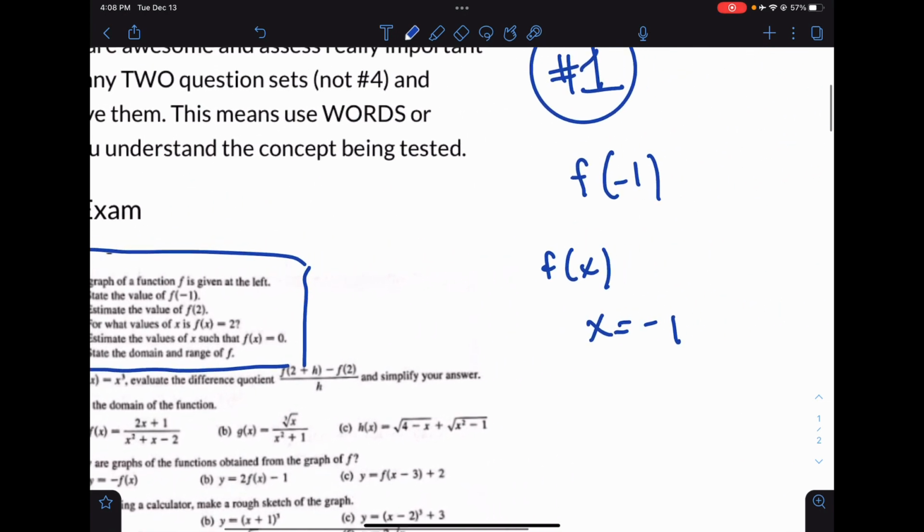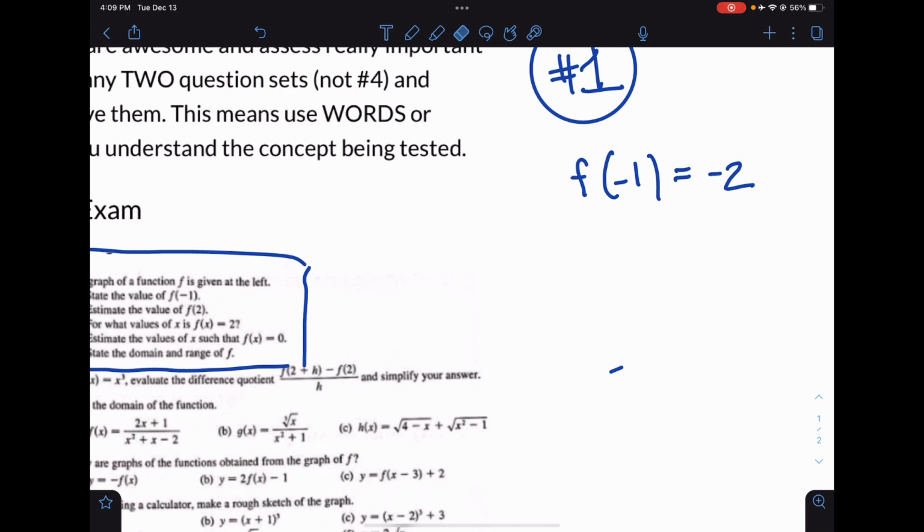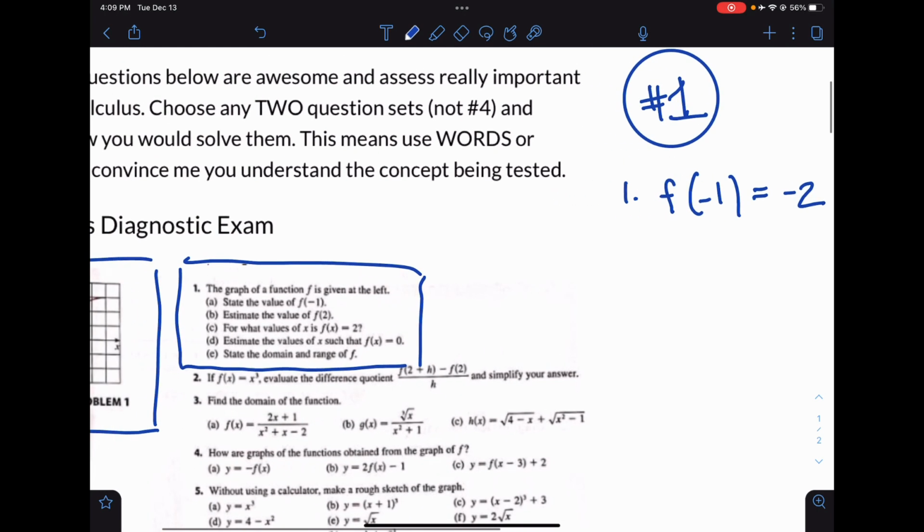So we know that f of -1 is equal to -2. That point is x is equal to -1 and y is equal to -2, so these have the same meaning. So that is number 1, or A, excuse me.